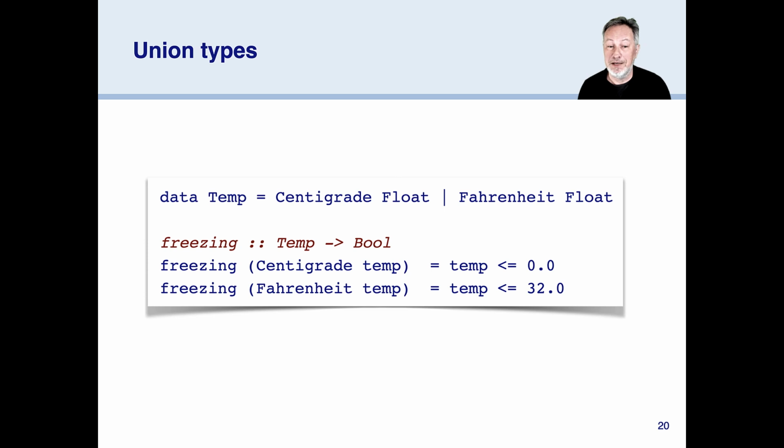This is completely different from what we do in object-oriented programs, where freezing would probably be a method of the temperature data type. And then centigrade and Fahrenheit might be concrete subclasses of an abstract type temperature, and freezing would be implemented as a method in a different way in the two subclasses, centigrade and Fahrenheit.